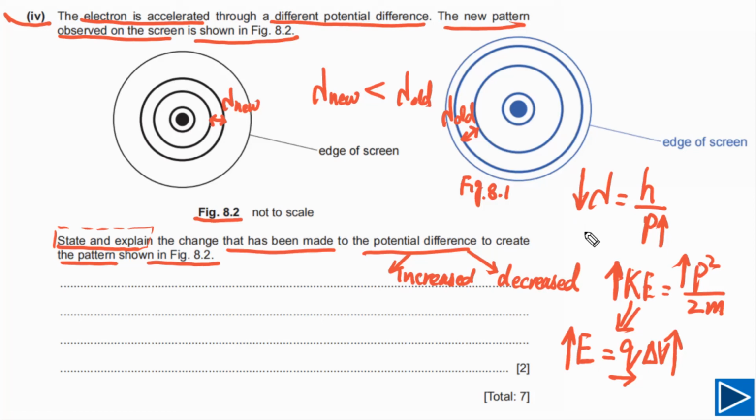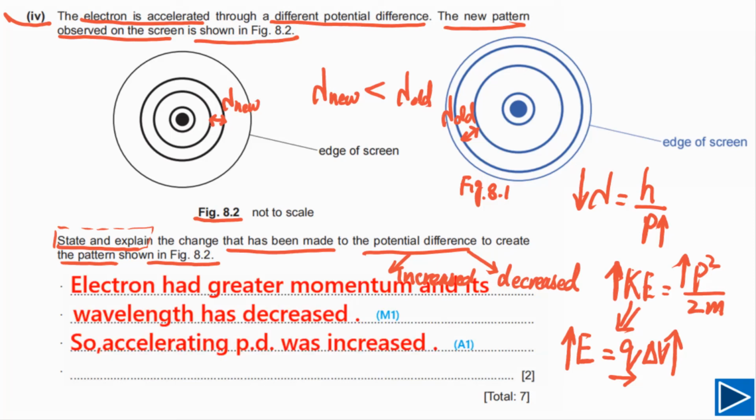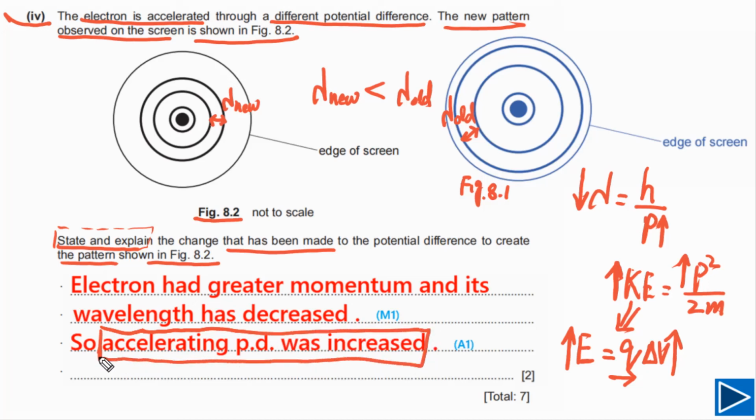Let me show you how you can write down the answer. First you need to state: accelerating potential difference has been increased. Then you need to explain: wavelength has been decreased, so the momentum of the electron has been increased. Simply you can say the electron has greater momentum.